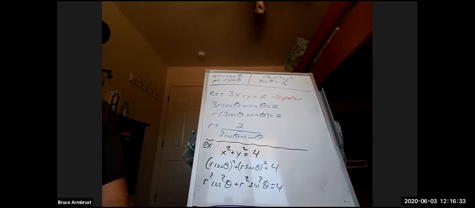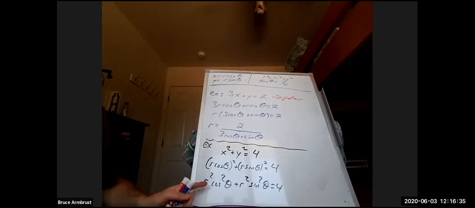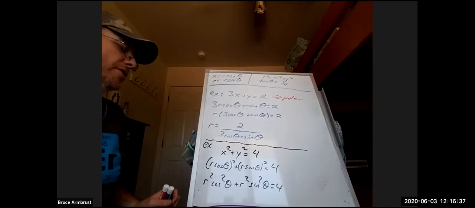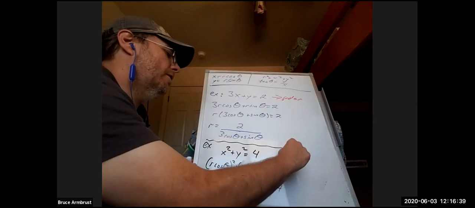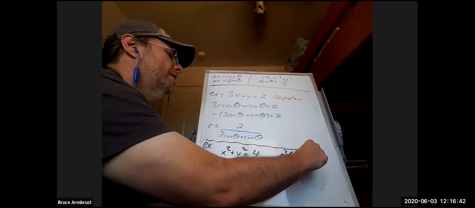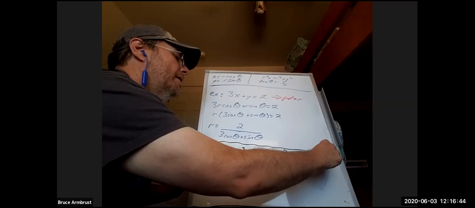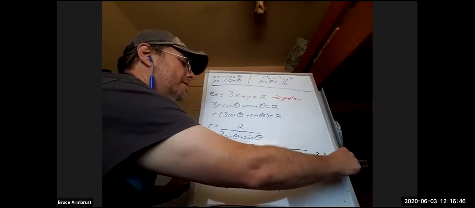So remember the trick we pulled last time? We factored out the r. Well, let me do that here. Let me factor out the r squared. So I get r squared times cosine squared plus sine squared equals 4.